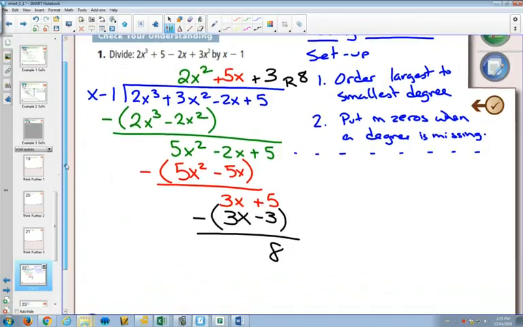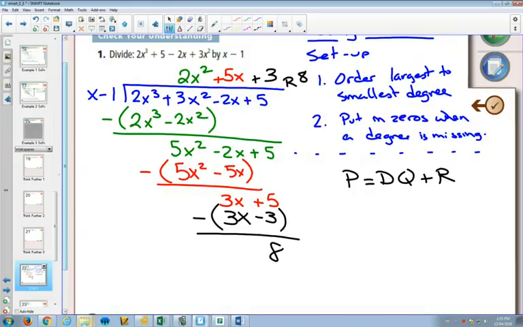Often in these questions, they're going to ask you to write a division statement. A division statement looks like this. Your polynomial, that's what the P stands for, equals what you divided by, your divisor, times your quotient, what you were dividing, plus your remainder.